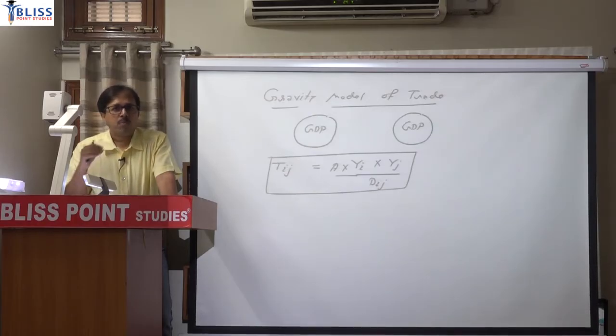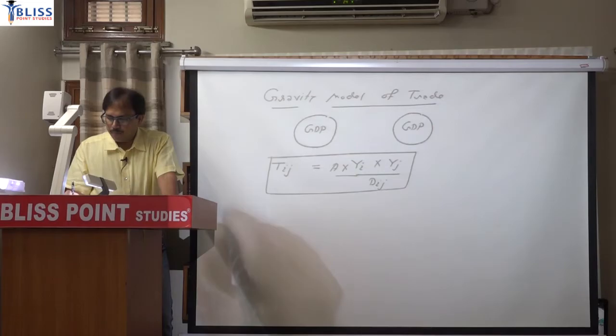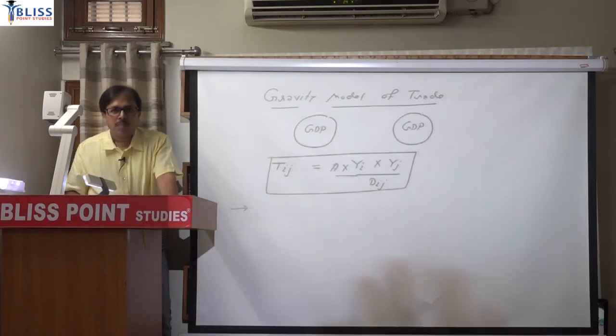Trade depends upon other considerations as well, but the model considers only two things: one is the size and the other is the distance. So first explain the basic idea, and then the implication and limitation part.